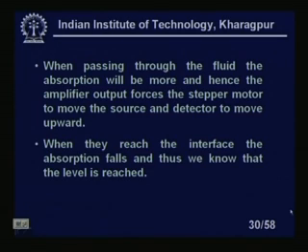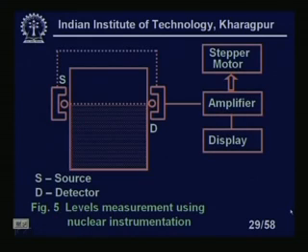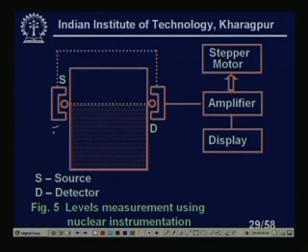Clear? Let me go over it again. The basic principle is something like this. The source and detector will be initially at the bottom here. Okay, so it will move up.